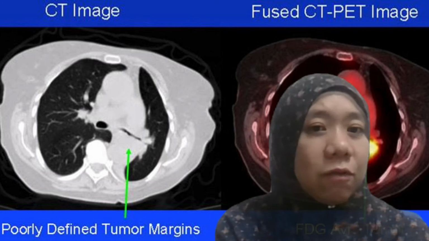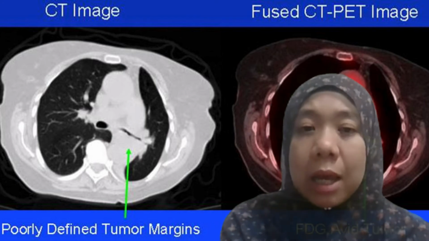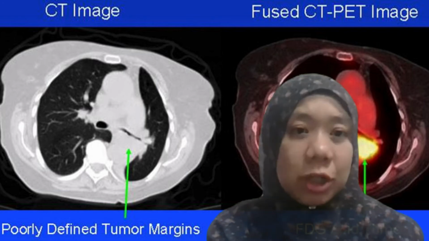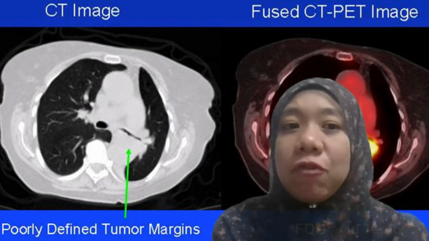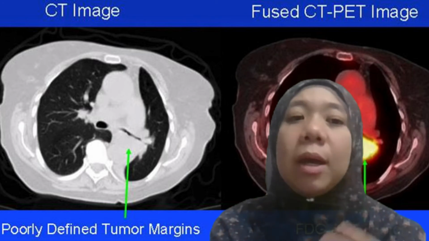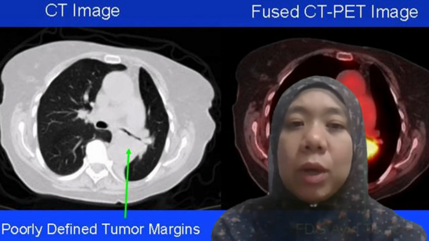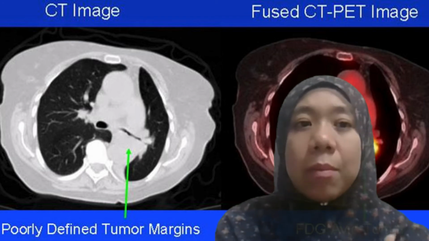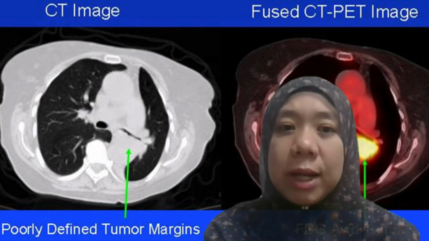This information is typically presented as cross-sectional slices through the patient, but they can be freely reformatted or manipulated as we require. We also have PET-CT, which is positron emission tomography.